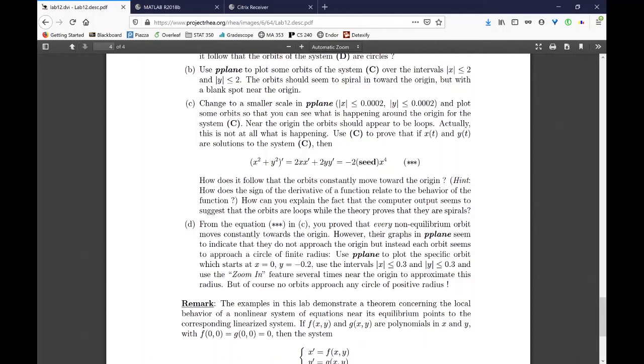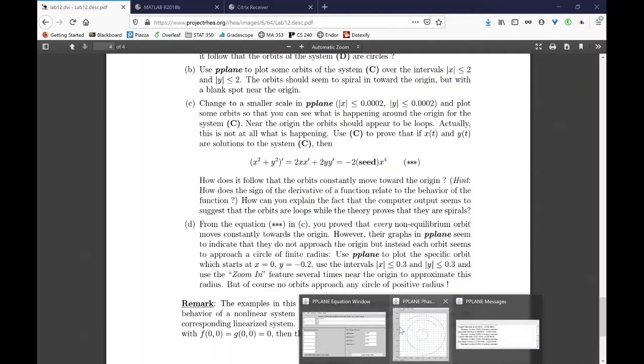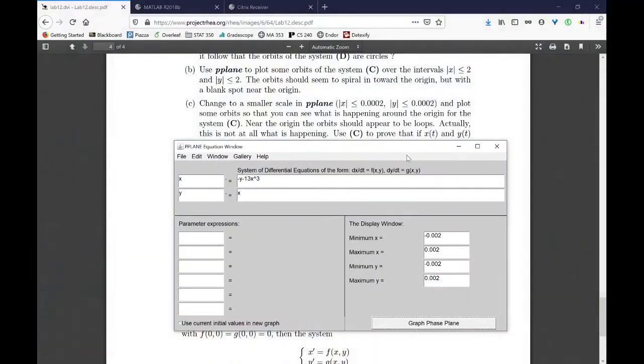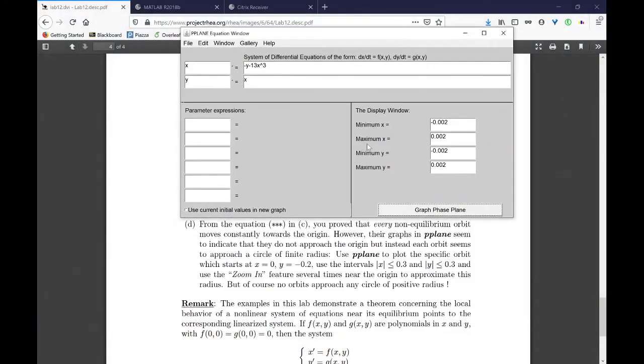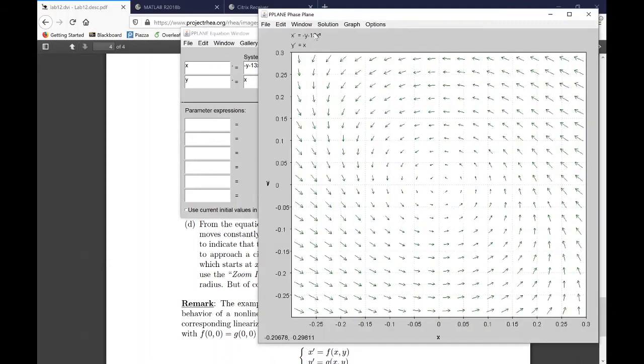So if we use p-plane to plot the specific orbit, which starts at x equals 0, y equals negative 0.2, then use these intervals, we're going to change our intervals up a little bit: x is less than 0.3, y is less than 0.3. And use the zoom in feature several times near the origin to approximate that radius.